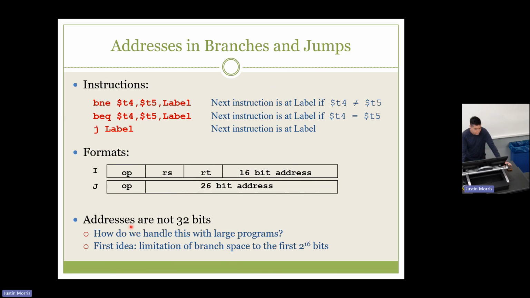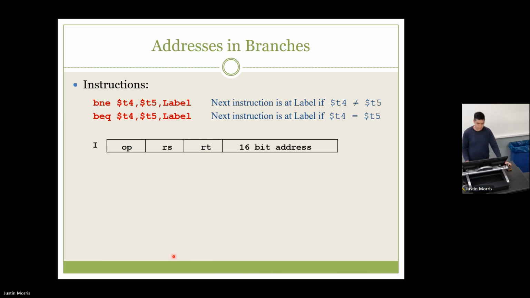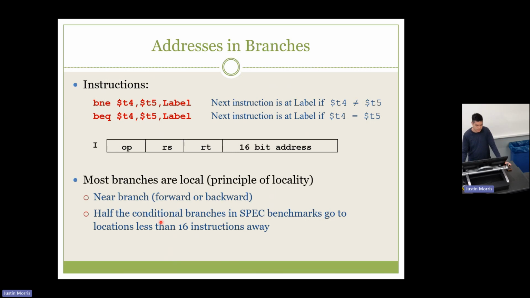One thing that we have to consider is that addresses are 32 bits. So 16 bits is not enough to reach all of the addresses, and even 26 bits is not enough. For large programs, this could be a limitation, but we'll find that most branches are local.